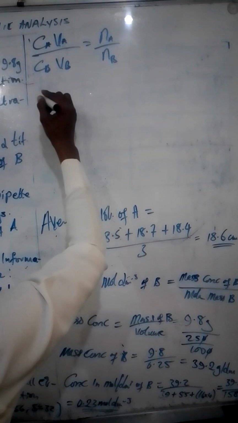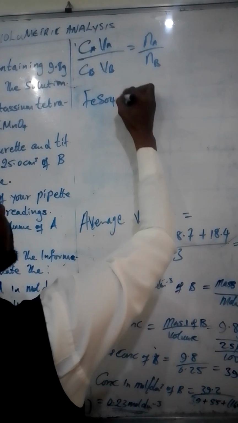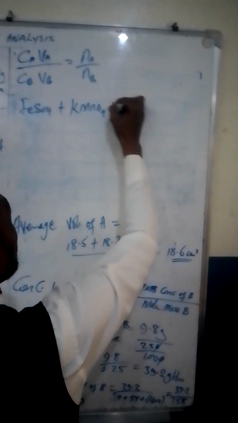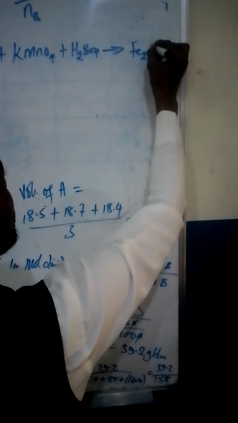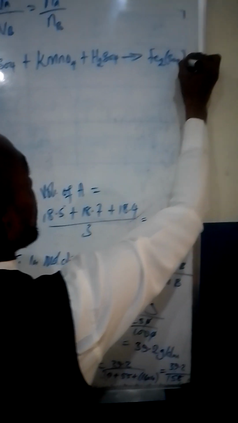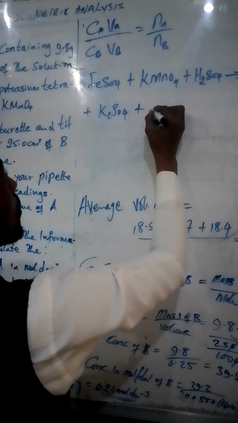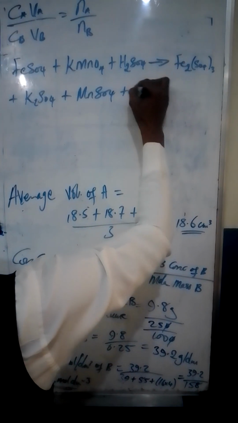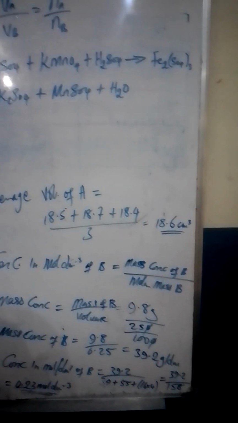The titration is a reaction between iron(II) sulfate plus potassium permanganate, because it was acidified, then it's going to give us the products: iron(III) sulfate plus potassium sulfate plus manganese sulfate plus water.